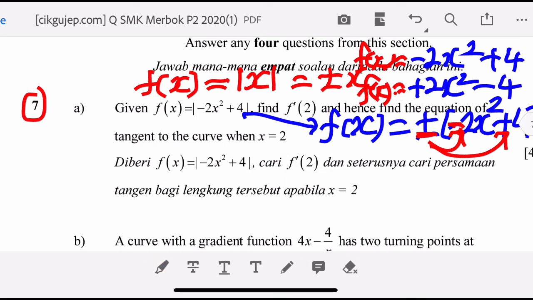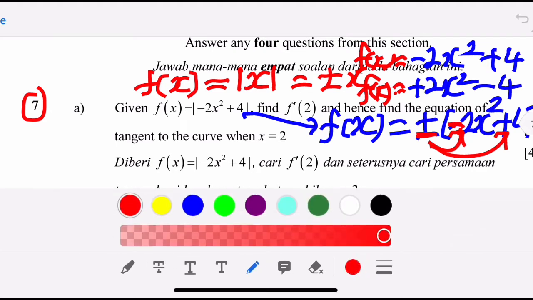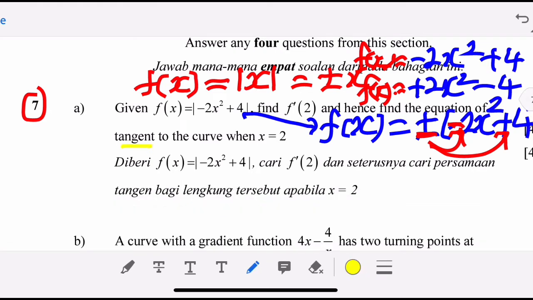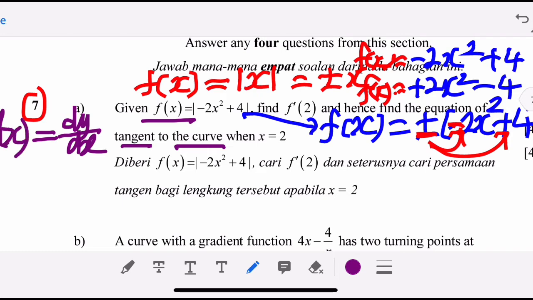So now the question is asking you to find the equation of tangent, right? Whenever you see equation of tangent to the curve, it means dy dx. Here, because they give you f, you should know that this is the first derivative.